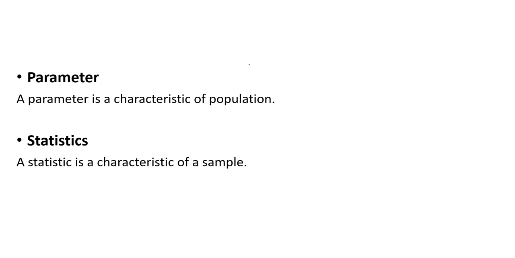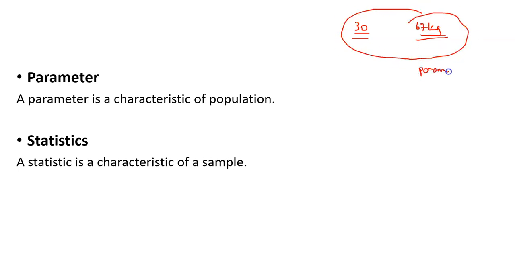For example, if I say the average weight of 30 students is 67, we have a group of 30 students taking this statistics module, and I asked them their weight, and I found the average as 67 kilogram. This is parameter.